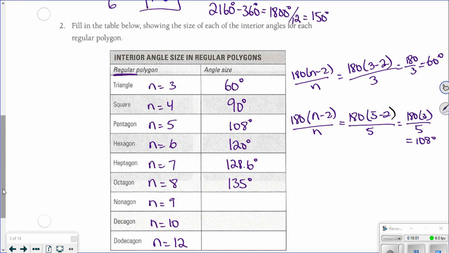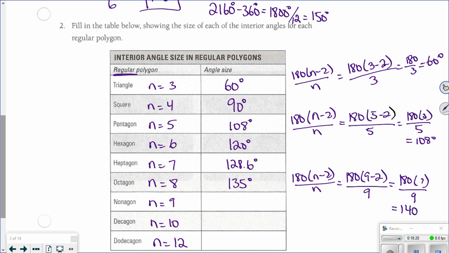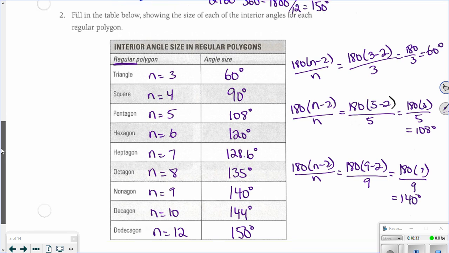Nonagon is 9, so 180 times (n minus 2) over n is going to be 180 times (9 minus 2) over 9, which is 180 times 7 over 9, and is going to equal 140 degrees. 10 is 144 degrees, and then we just worked out 12, 150 degrees.